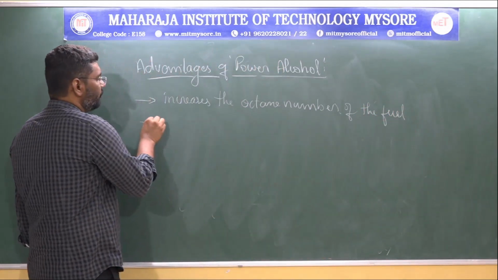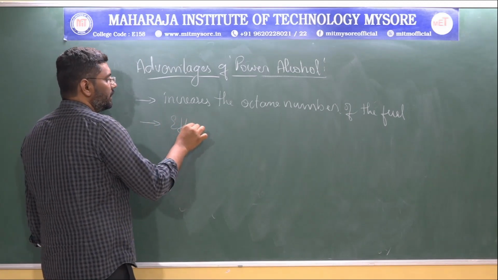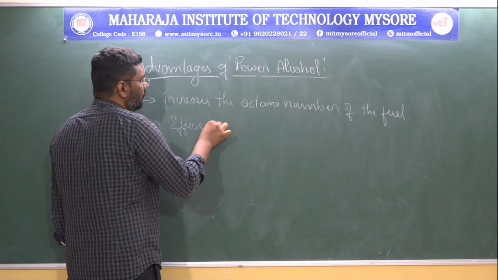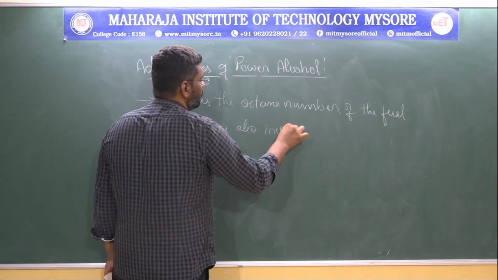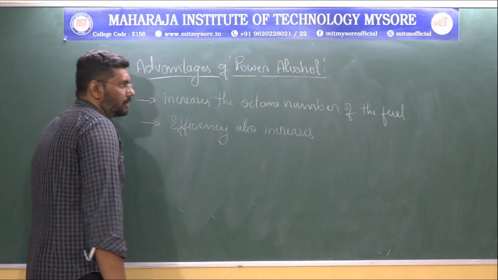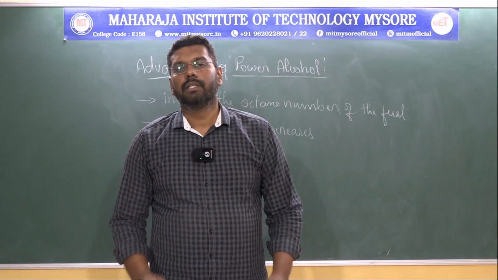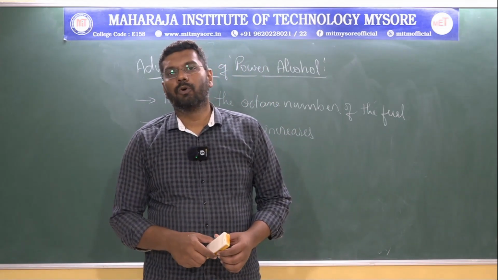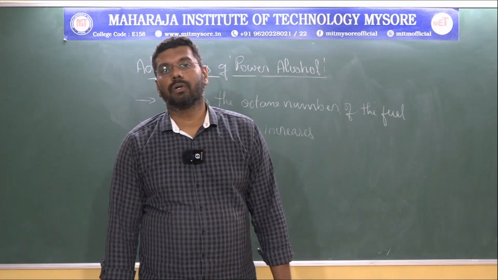If the octane number of the fuel increases, its efficiency also increases. As the efficiency increases, what happens? Definitely the motor vehicles will give more mileage. That is one of the advantages of this power alcohol.